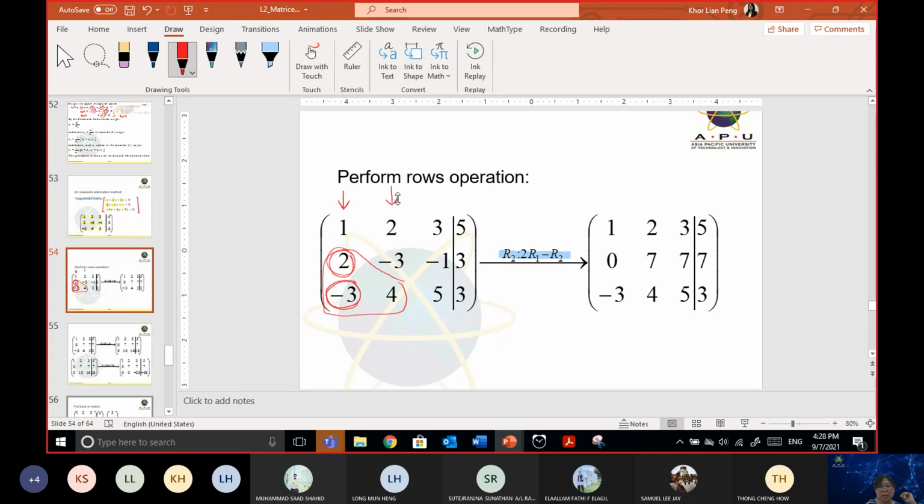After that, we go to the second column and change this value to 0. This is a suggestion. Our plan here is to change this to 0 by using the elementary row operation.